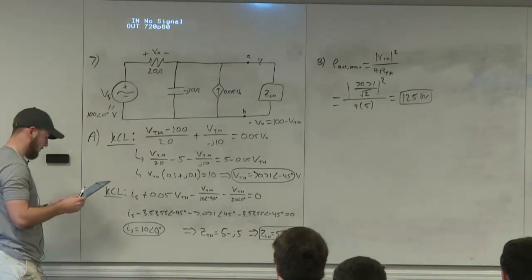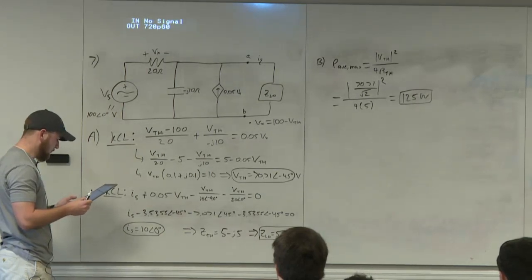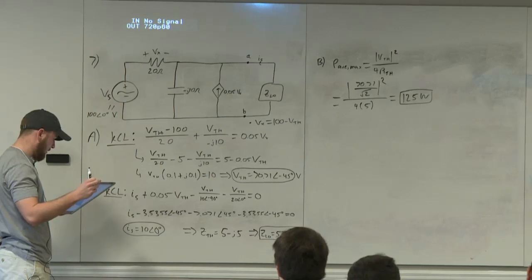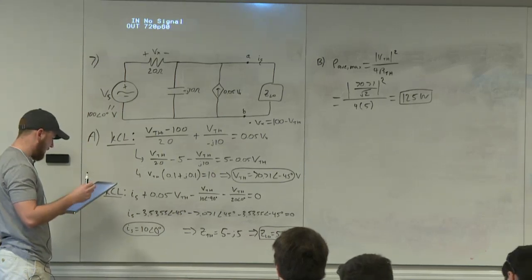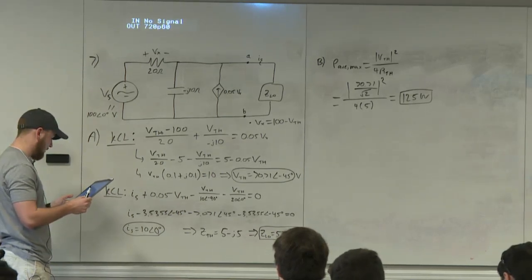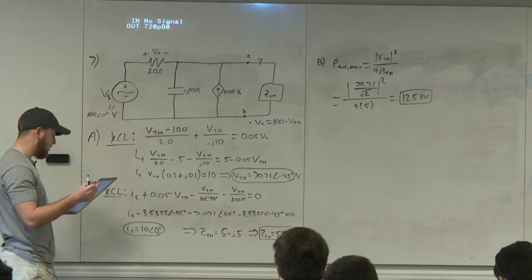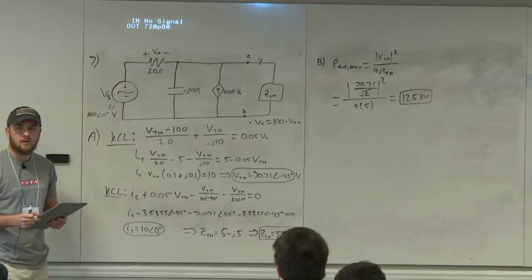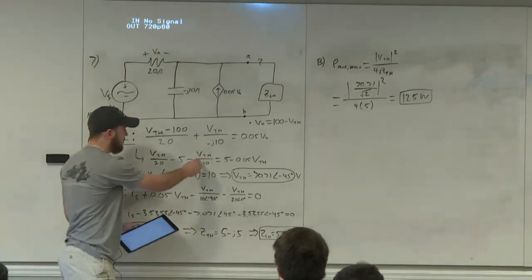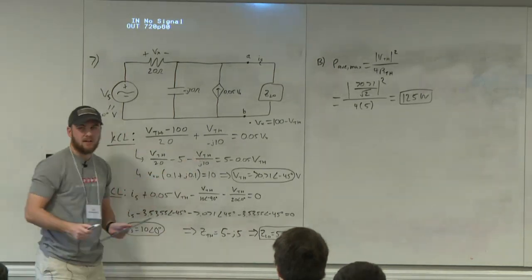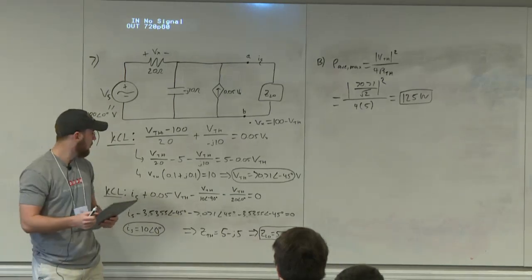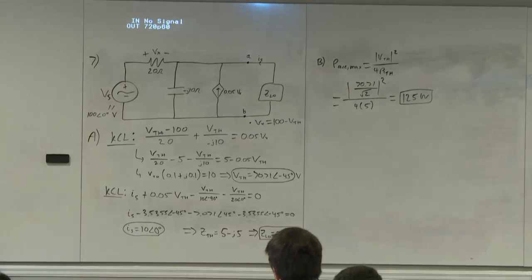Plus j 0.1. Yeah, so I brought the V Thevenin over to the other side. I just brought the j up top, and that made it positive. So bring this j up top, that changes the sign. Does that make sense? Okay. Any more questions?